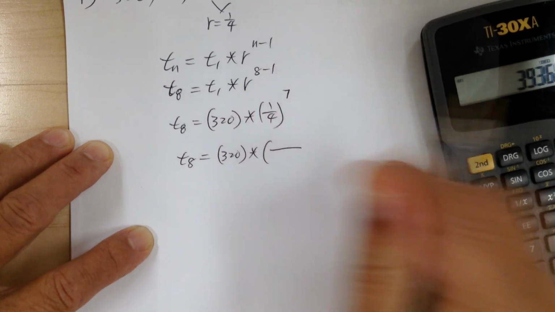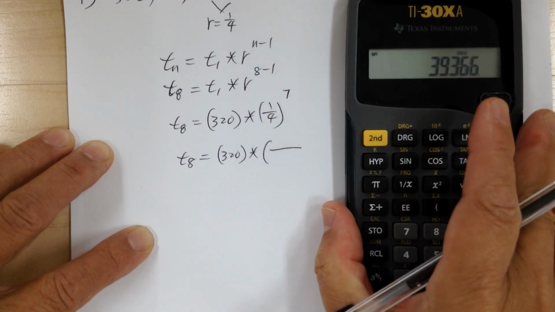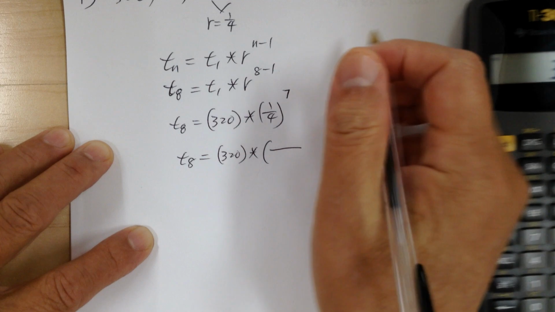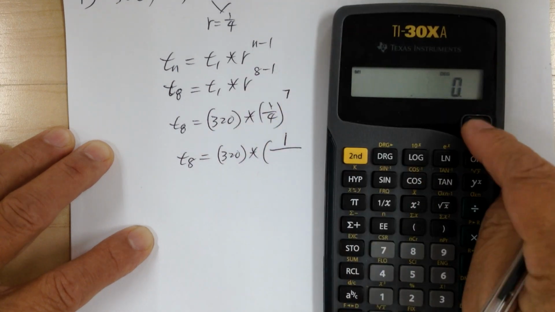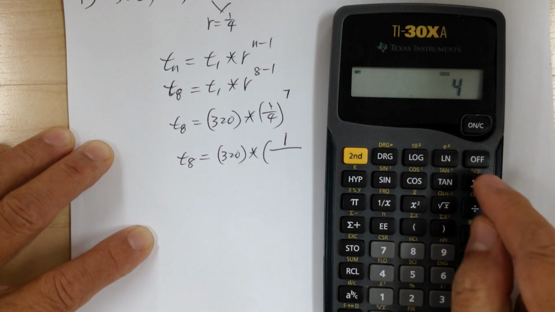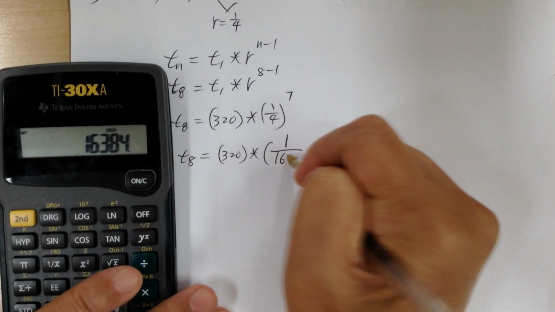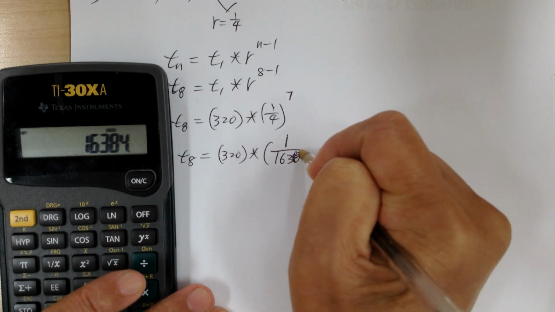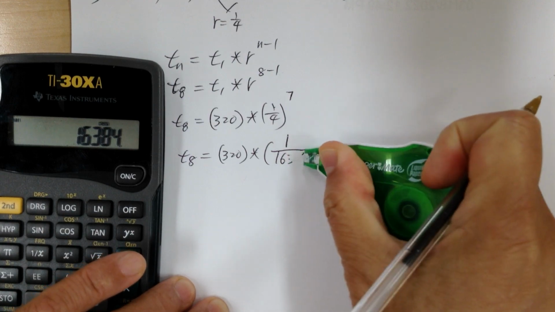You do the top and bottom separately, because if you use a calculator, most likely it will give you decimal numbers, so you don't want that. 1 to the 7th power is 1, and 4 to the 7th power is 16384.